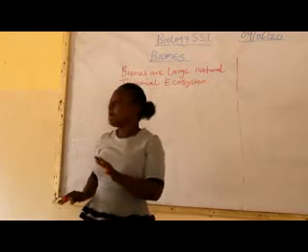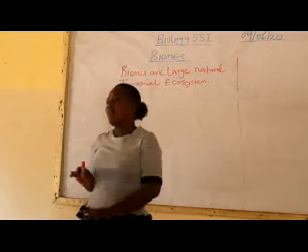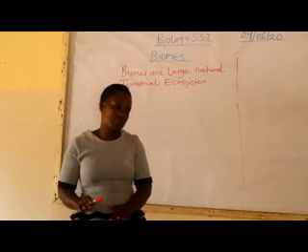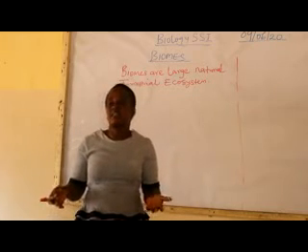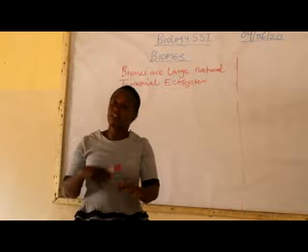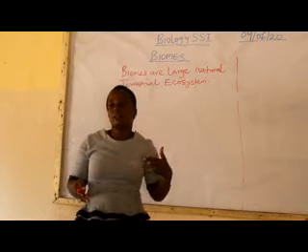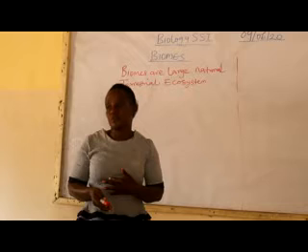But if you talk about the savanna regions, which have lower rainfall, you see grassland is characterized by grassland. The animals found there are different from the ones found in the tropical and the equatorial regions.